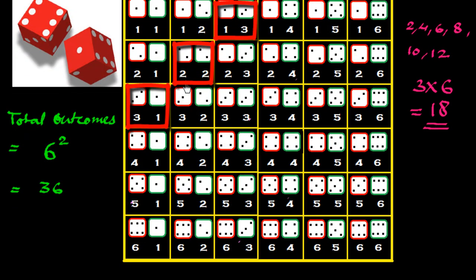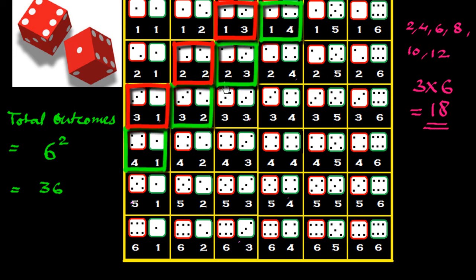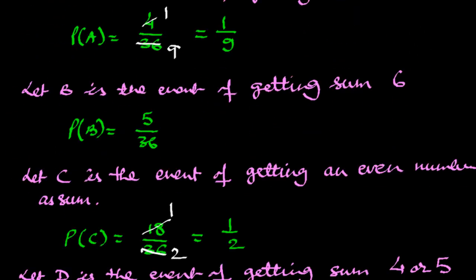Sum 4 we are getting here 1 plus 3, 2 plus 2 and 3 plus 1. So we are getting 3 outcomes here for sum 4. And sum 5: 1 plus 4, 2 plus 3, 3 plus 2 and 4 plus 1. So we are getting 1, 2, 3, 4 outcomes here and 3 outcomes here. 4 plus 3, 7 outcomes we have. There is no intersection in this experiment.